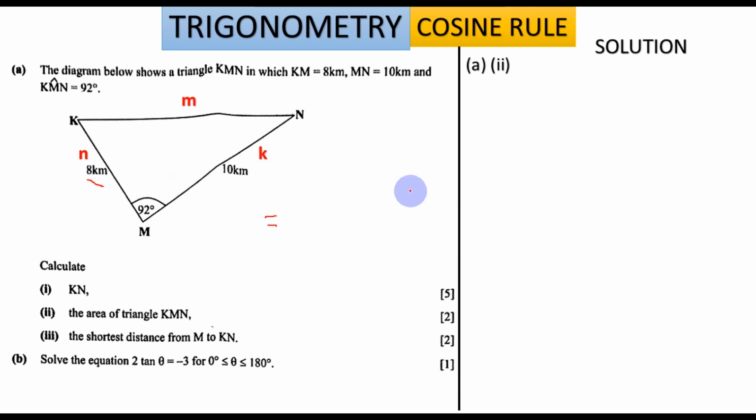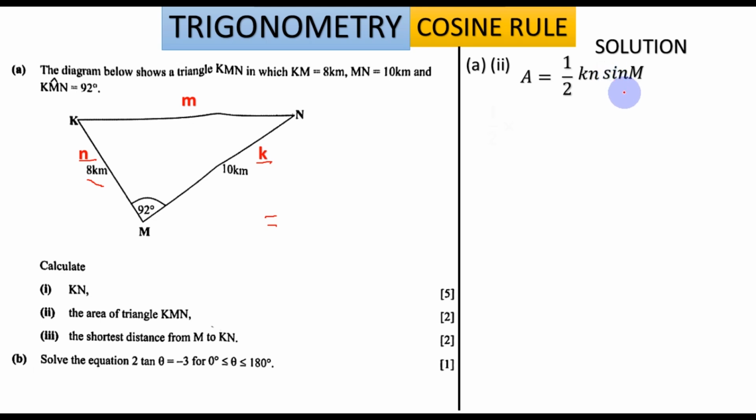So meaning our formula will be area of a non-right angled triangle, which is this, will be 1 over 2 times Kn times the sine of the angle which is given, so sine M. So it doesn't matter whether you're using cosine or sine, make sure here when you're calculating area, use the sine ratio.